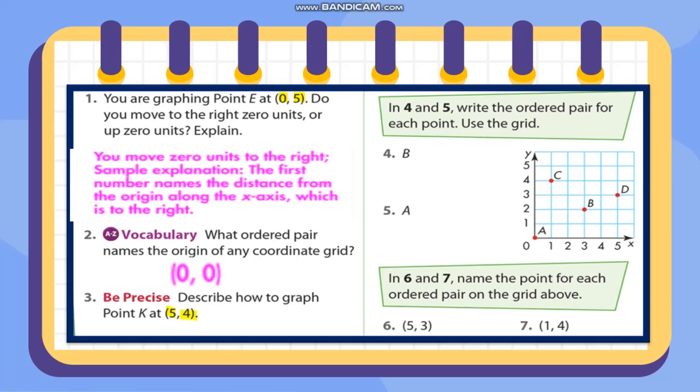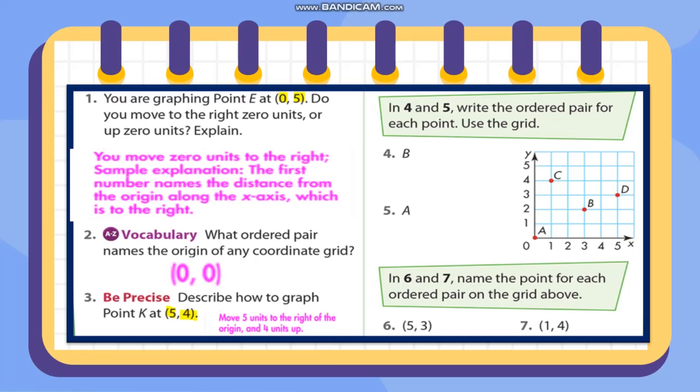If you're going to plot this ordered pair on the coordinate grid, always remember that you need to move first from the point of origin going to the right, along the x-coordinate, before you go to the y-coordinate. So to graph point K at 5 and 4, you move 5 units to the right from the point of origin and 4 units up.